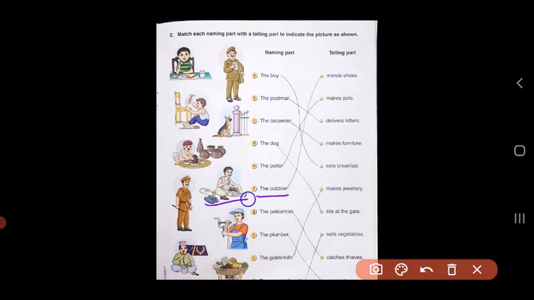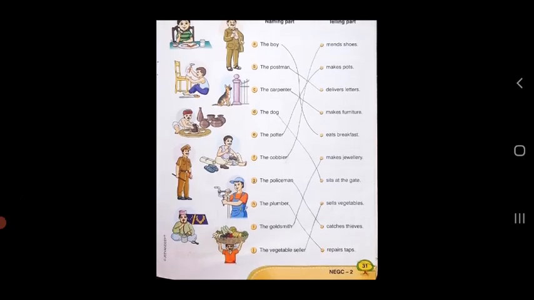What is the cobbler doing? Mends shoes. So match the cobbler mends shoes. The policeman. What does he do? Catches thieves. The plumber. What does the plumber do? The plumber repairs taps.